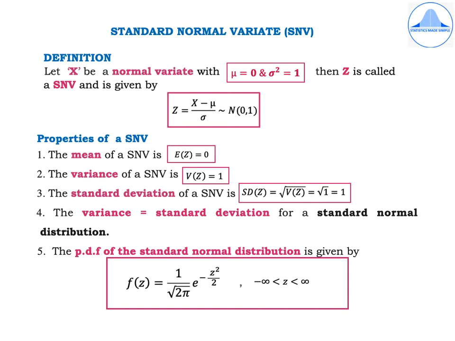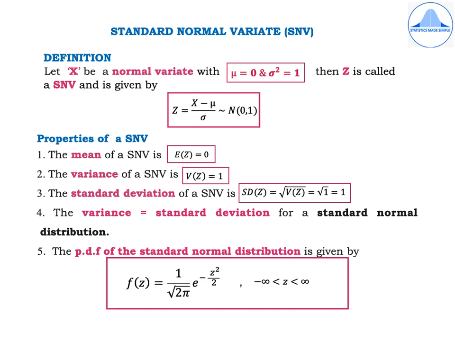Let us now define a standard normal variate, which is abbreviated as SNV, and this definition can come as a 2 marker. So suppose X is a normal variate with mu and sigma square, then Z is called a standard normal variate and it is given by the formula Z equal to X minus mu divided by sigma, which follows normal 0, 1.